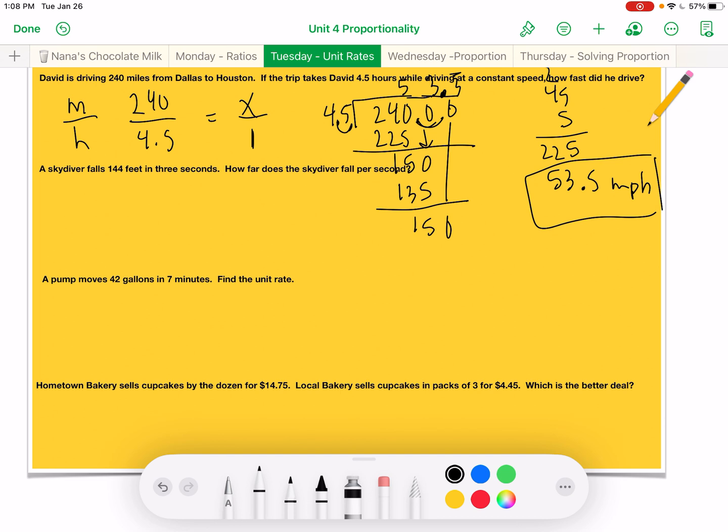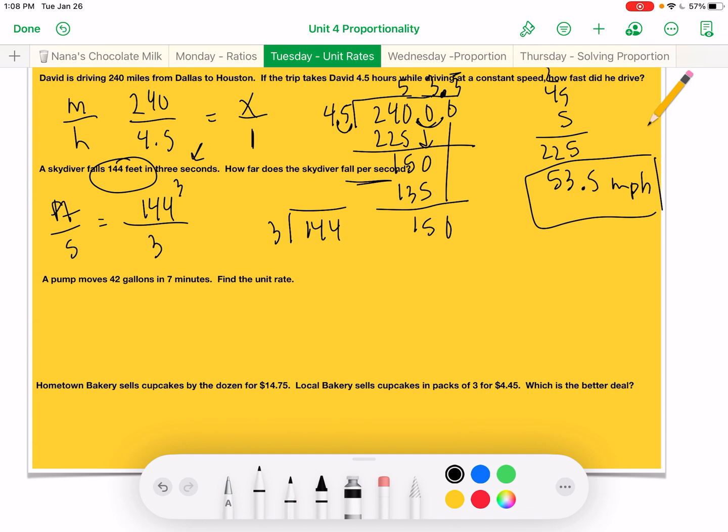A skydiver falls 144 feet in 3 seconds. How far will he fall per second? So these are his feet. This is seconds. 144 feet to 3 seconds. So now we know we're going to divide 144 by 3.